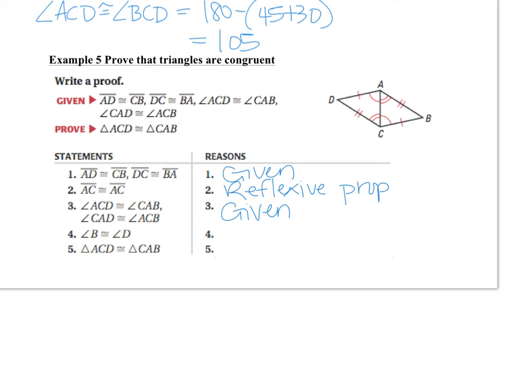Angle B congruent to angle D is your third angles theorem. So the two triangles are congruent, because that's the definition of congruent figures, that the corresponding parts are congruent.